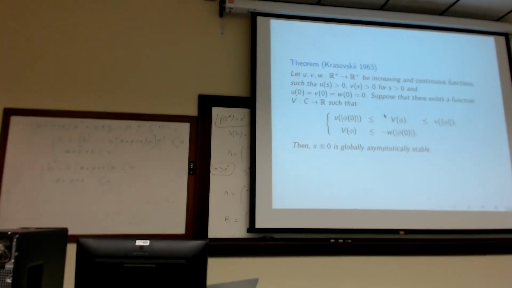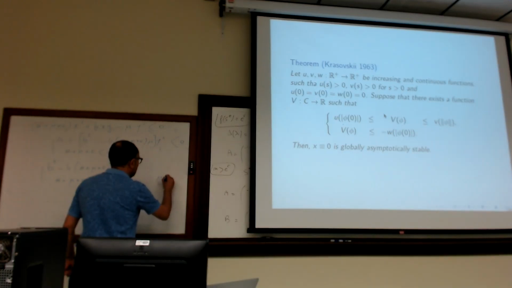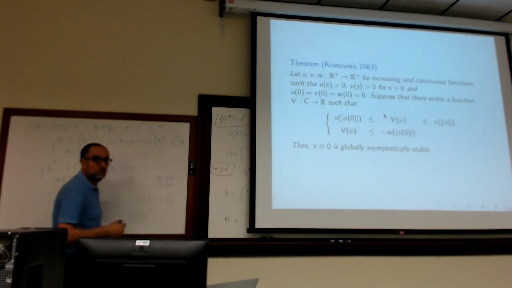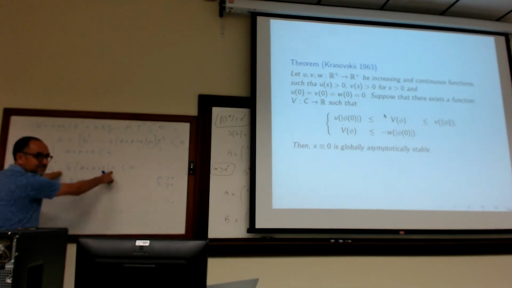Which condition gives me this? I can choose mu and epsilon as I want, positive. If I can choose mu and epsilon positive to have this, it's finished. But remember, this is negative. Okay? This is negative because I have no choice. This is negative times this is positive, and this is positive.